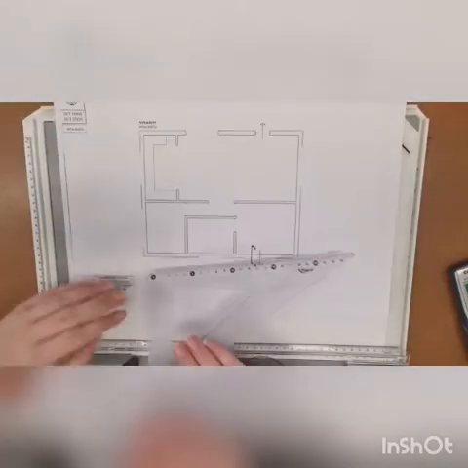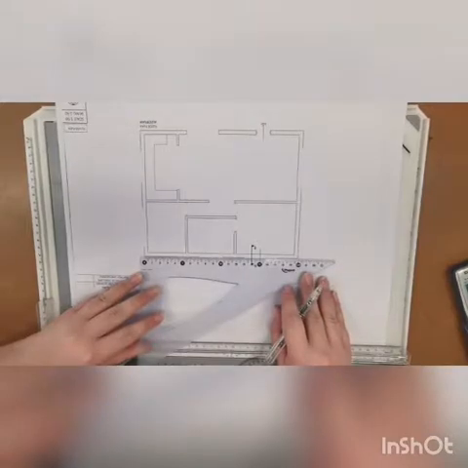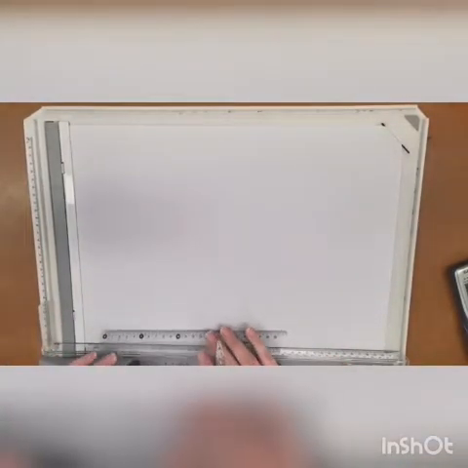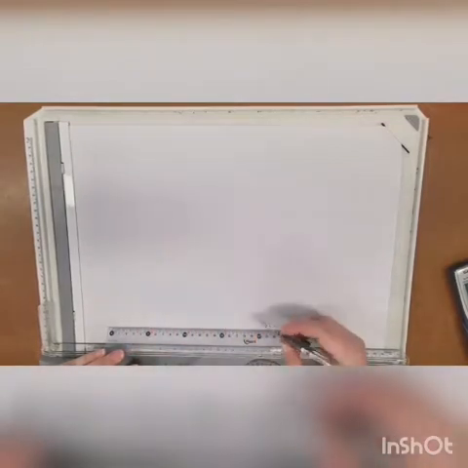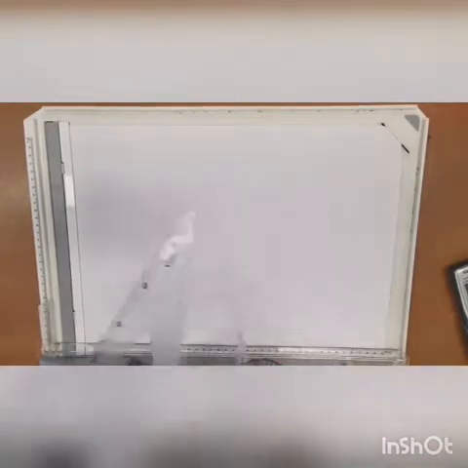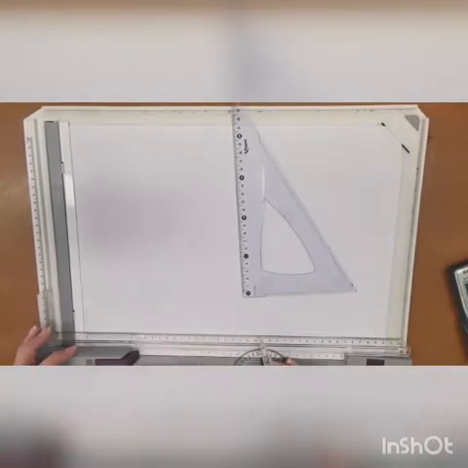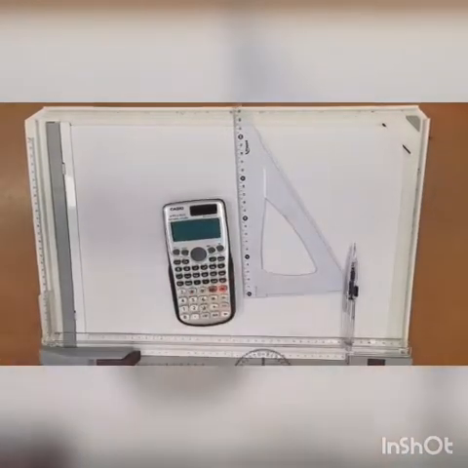Let's see how long the whole thing is. Okay, so I know it's going to be between here and here. Now I need my compass and my calculator.